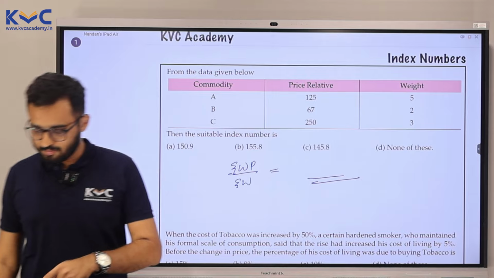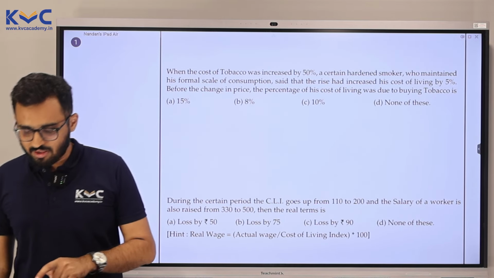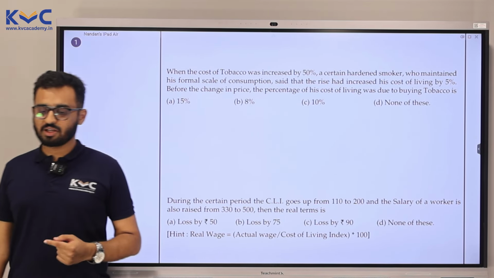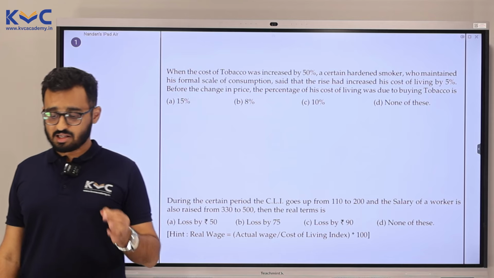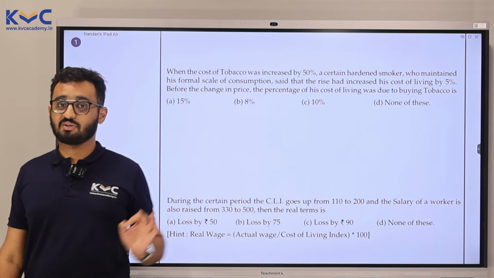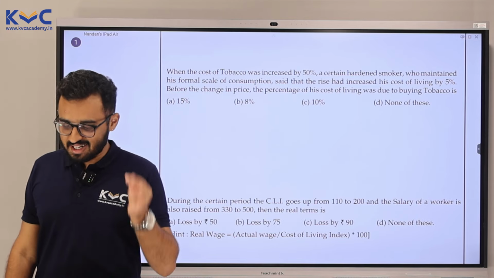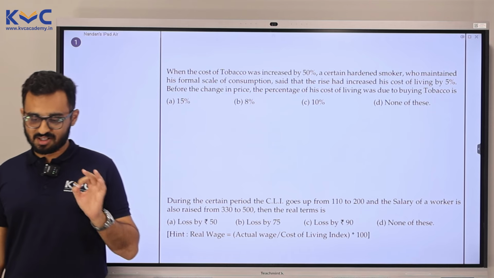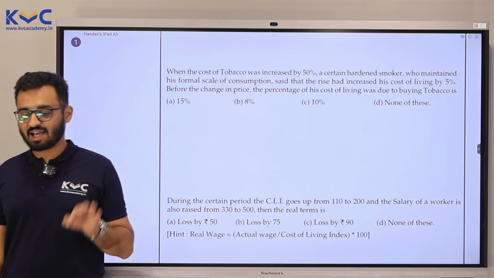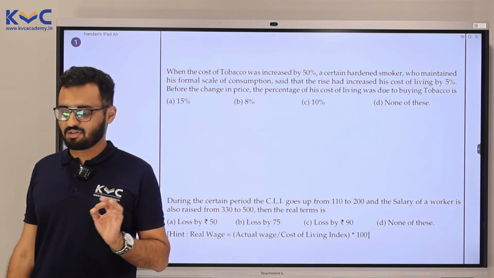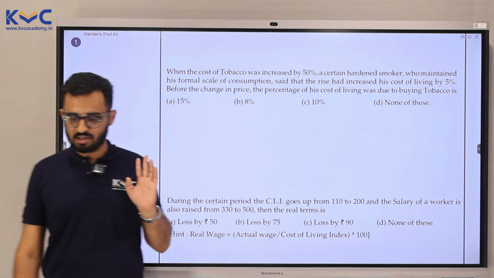Okay? Superb. Now, when the cost of tobacco was increased by 50%, a certain hardened smoker, what is hardened smoker? Who always smokes, who maintained his normal scale of consumption, said that the raise has increased his cost of living by 5%.